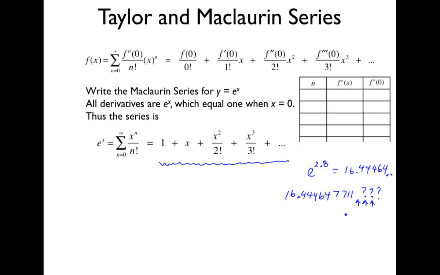It doesn't know all the decimal places of e to the 2.8, because how many are there? It just keeps going on forever and ever. So what it does is it uses a series like this and just takes enough terms until it shows a certain amount of precision, a certain number of decimal places.